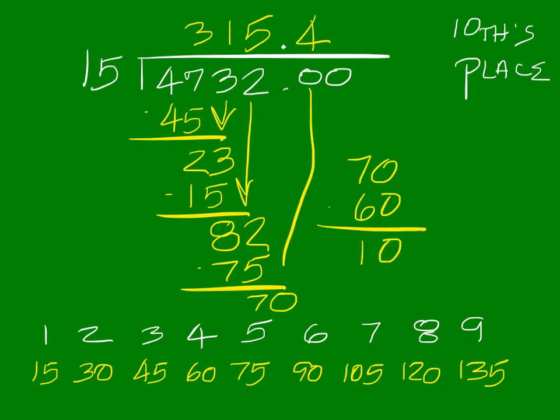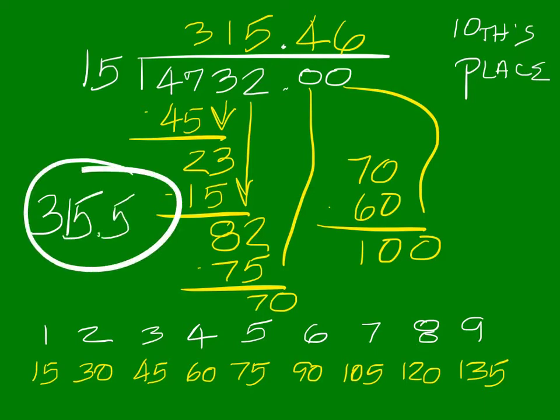Subtract to get 10, and you're dropping that 0. 15 into 100 6 times. We are rounding to this place. So we look at this number, it's higher than 5, so this one becomes 5. Your answer should be 315.5.